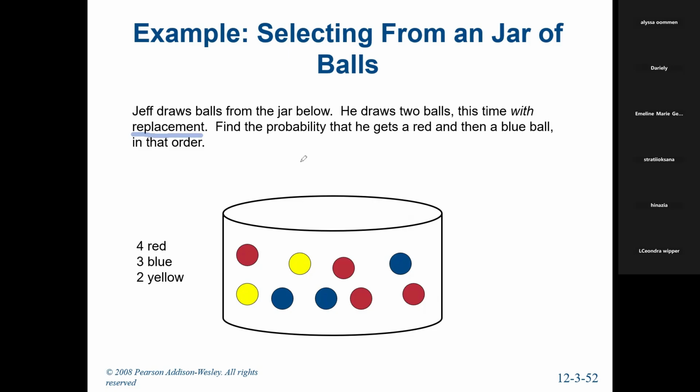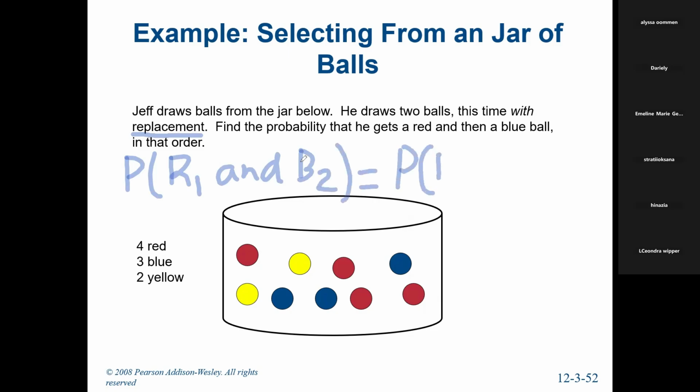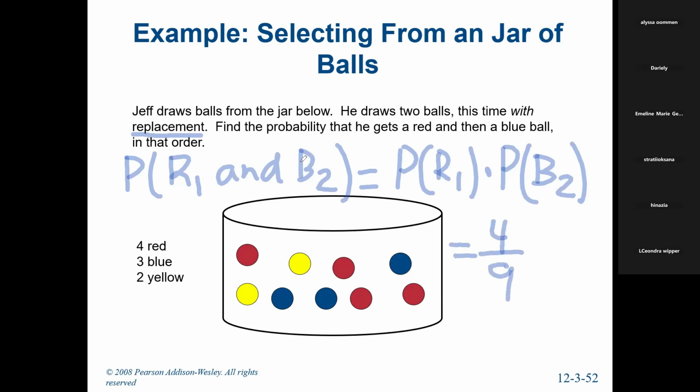So here, that will give you P of red, that's the first ball. And P of R1 times P of B2, because the two events are independent. Red ball, got 4 red balls, that's 4/9.